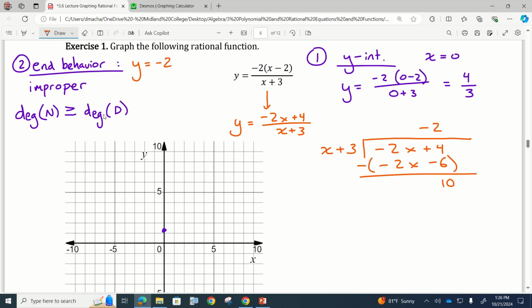And so my quotient is negative 2, and that tells me my end behavior approaches the line at y equals negative 2. So here is the horizontal line, y equals negative 2.